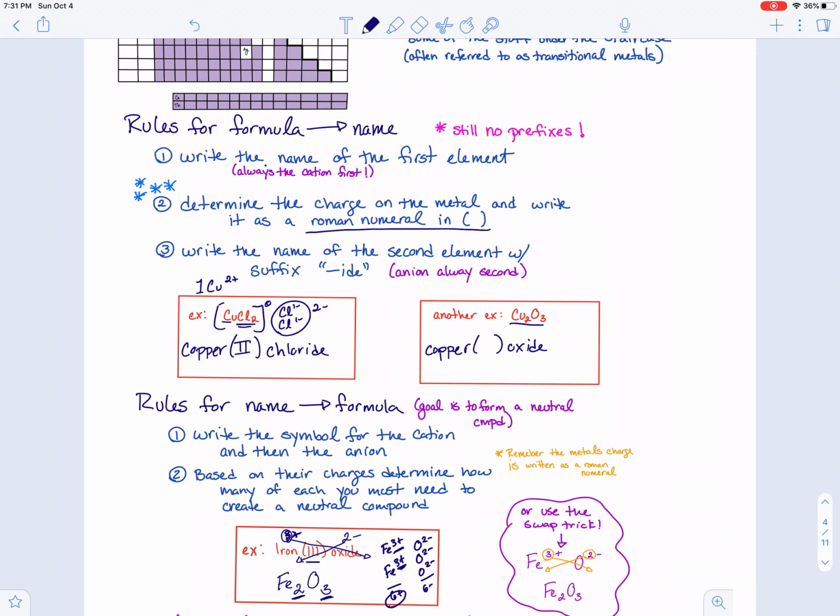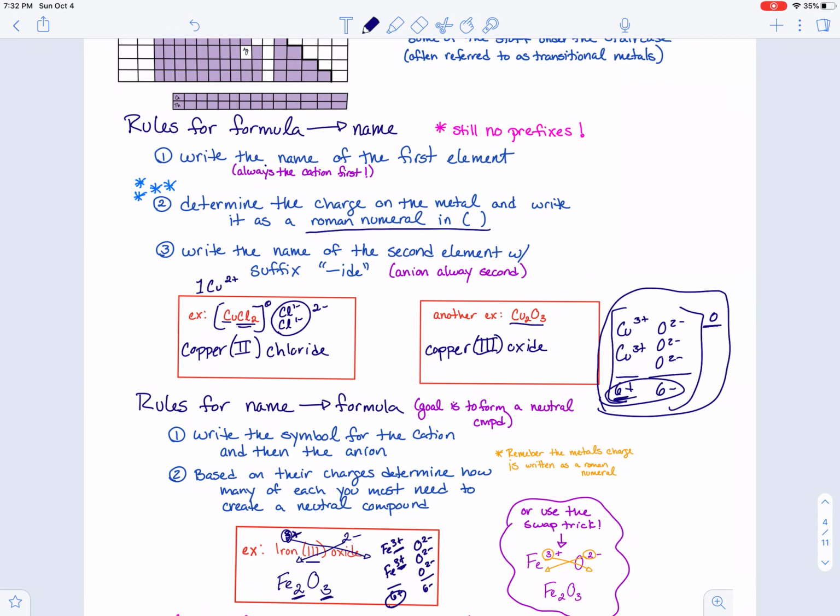And I need it to be net neutral. And I've got 2 coppers, and I need those to add up to a 6 plus charge. That way these cancel and I get a net neutral. So the charge on each of these coppers must be a 3 plus to add up to 6 plus. So this is copper 3 oxide. I do like to sometimes write out my work like this. I do find it very helpful to see it.